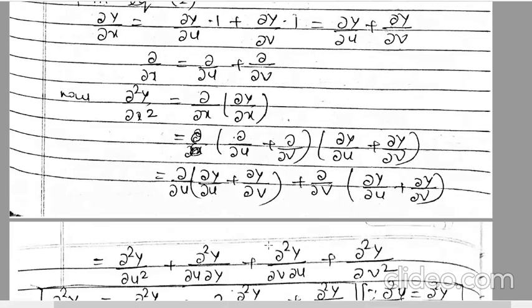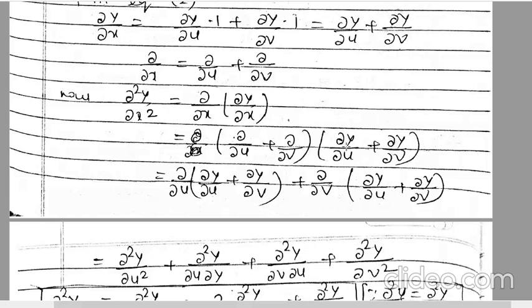Now the second derivative, del 2y upon del x2. For the calculation of this one, we can write del upon del x into del y upon del x. We know the value of del upon del x is del upon del u plus del upon del v, into del y upon del x, whose value is del y upon del u plus del y upon del v.